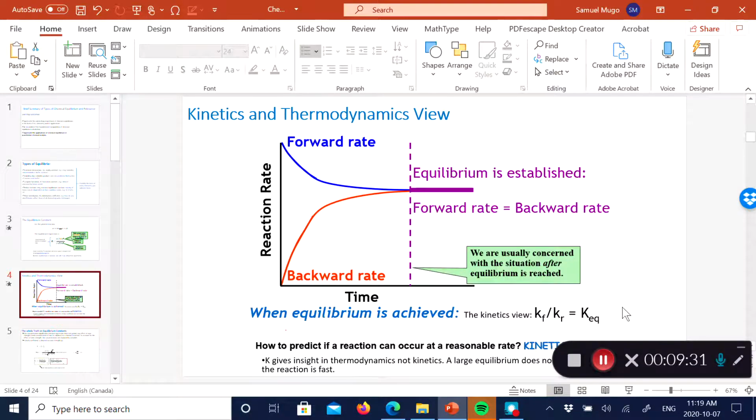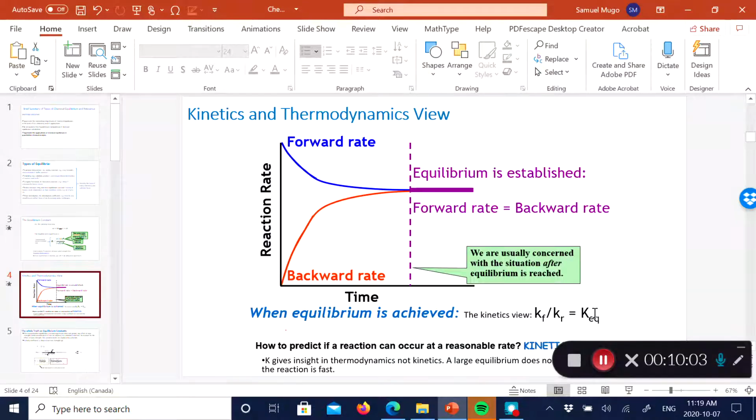And so the K, equilibrium constant, can equally be quantitatively defined as the rate constant in the forward direction, Kf, divided by the rate constant in the backward direction, Kb. But take note of that. There's a difference between the rate constant and the equilibrium constant.